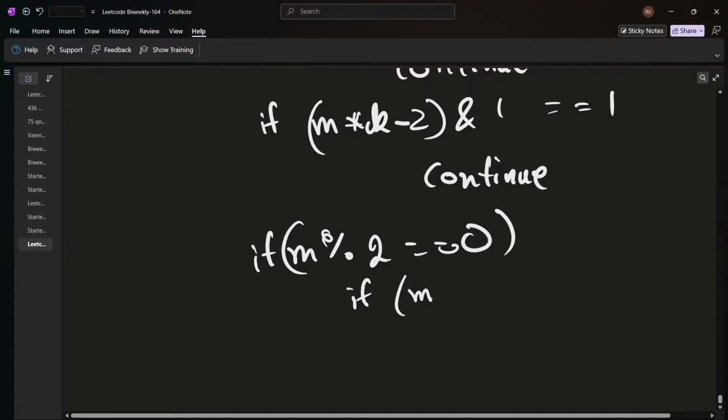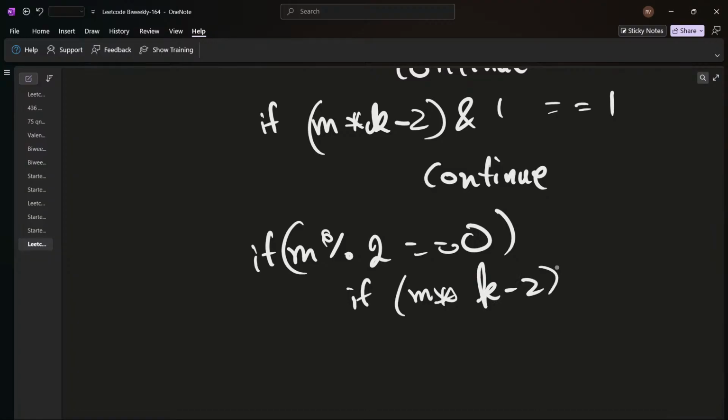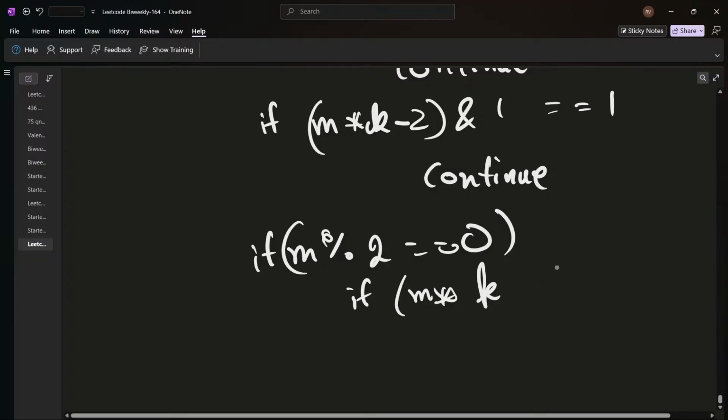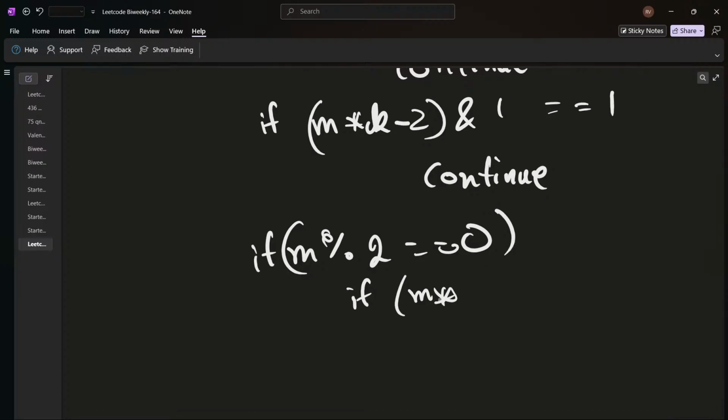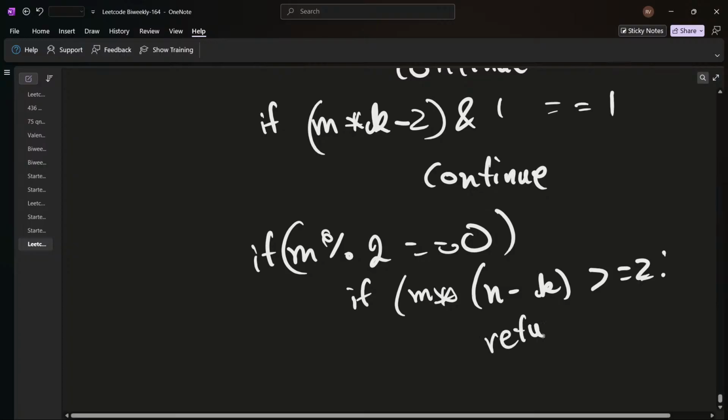If m into n minus k, sorry guys, if m into n minus k greater than or equal to z, what I'll do, I'll return my m value.